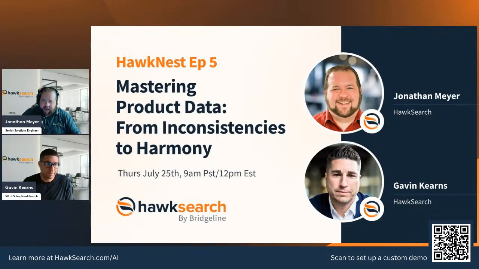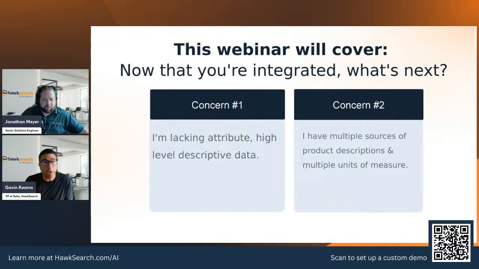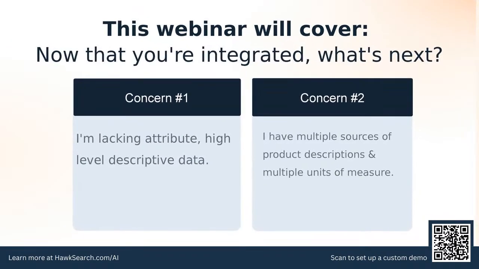I'm going to pass it over to Gavin to talk about the conversation for today. Hi, everybody. Pleasure to see everybody again. What we're talking about today is really part 2 to what we discussed in our last Hawk Nest, which was about the multiple sources of data and how we can integrate all of that into HawkSearch. What we're touching on today is a very common thing that we see: maybe some gaps in your data.